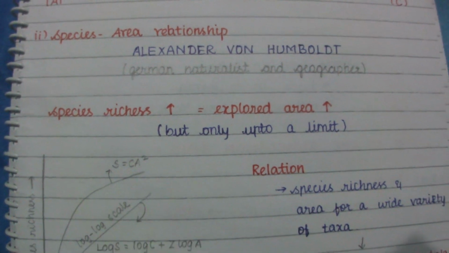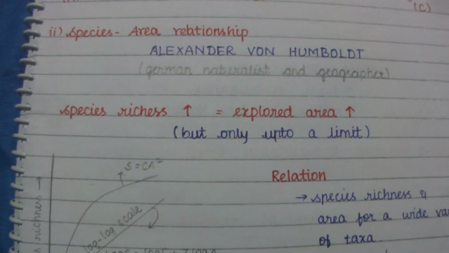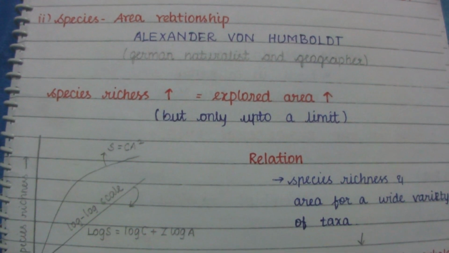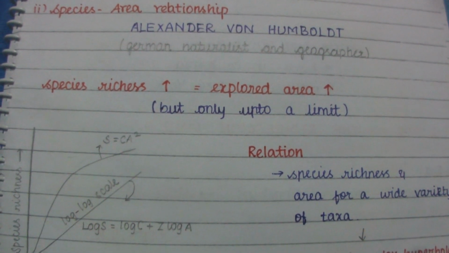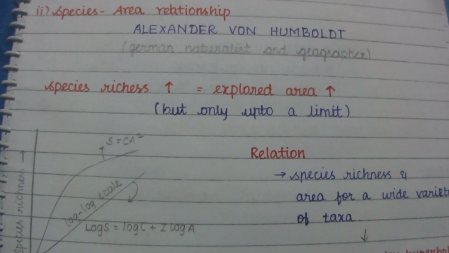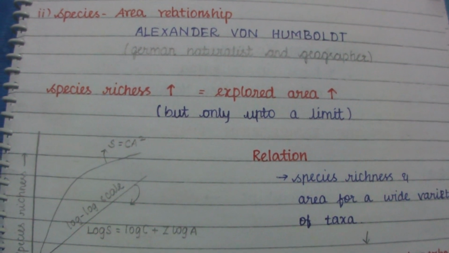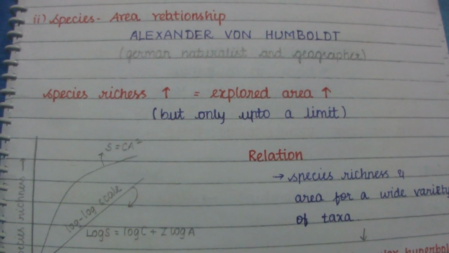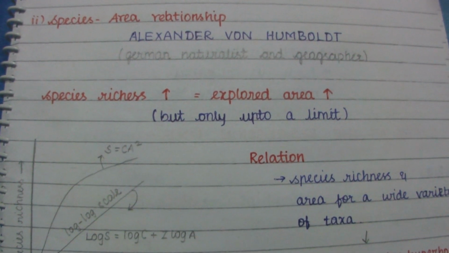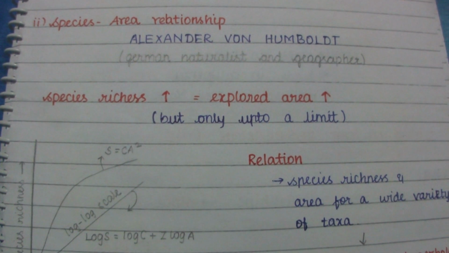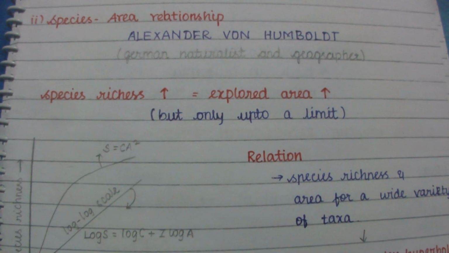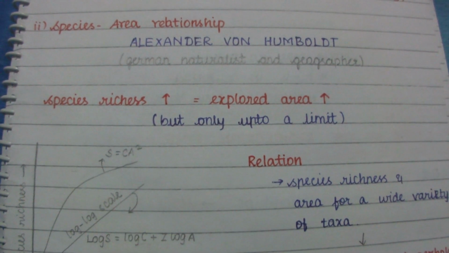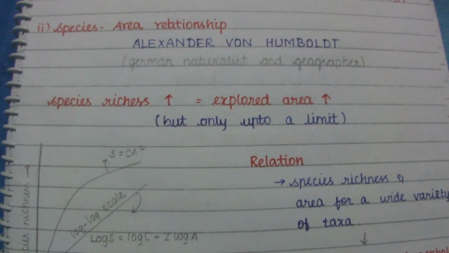Species area relationship. A very important German naturalist or geographer, during his pioneering and extensive explorations while traveling through the South American jungles, observed that the species richness in an area increased as the explored area increased.